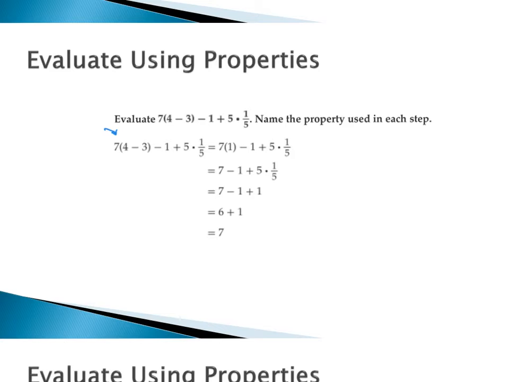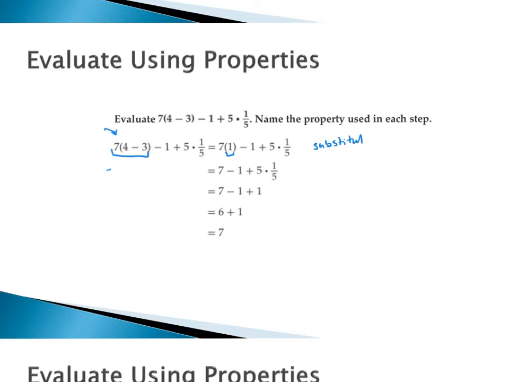Okay. So in this first step, you have that the difference is right here. Order of operations, you have 4 minus 3 gives us 1. So what happened to give us 1? This right here is substitution.